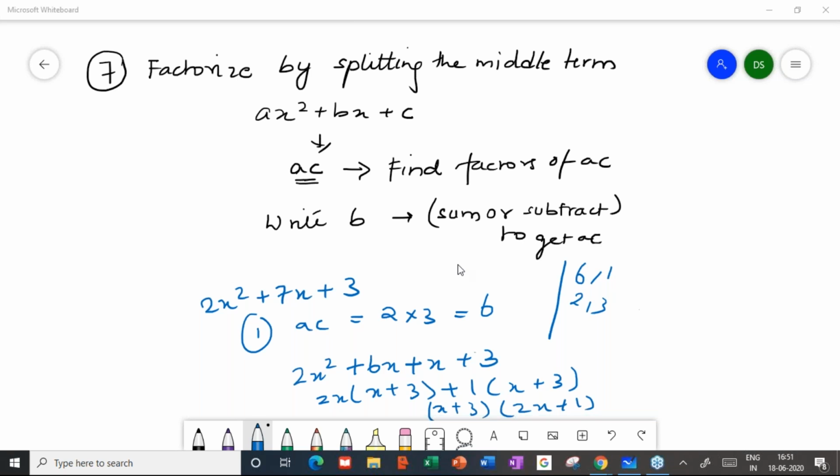Which out of this 2 and 3, if you add, will give you 5, or if you subtract, will give you 1, right? 3 minus 2, 1, or minus 1, right? And 6 and 1 will either give you 5, or if you add, will give you 7. So you will get it among one of these. That's why we take 6 and 1, because it gives you 7. So you're just writing 7x as 6x plus x so that you can factorize it. So there's no assumption involved.